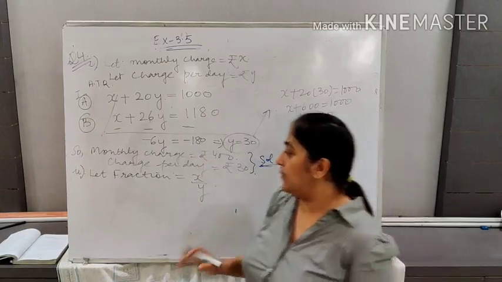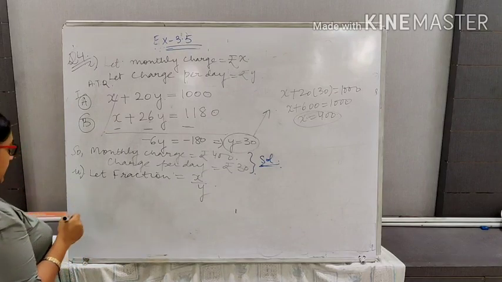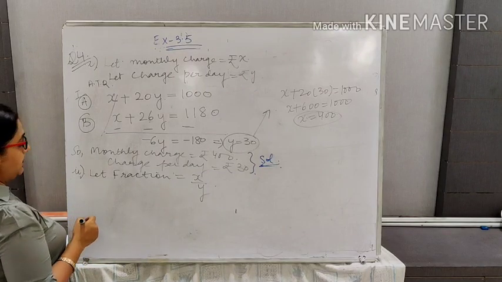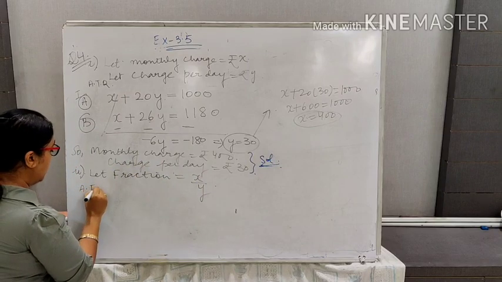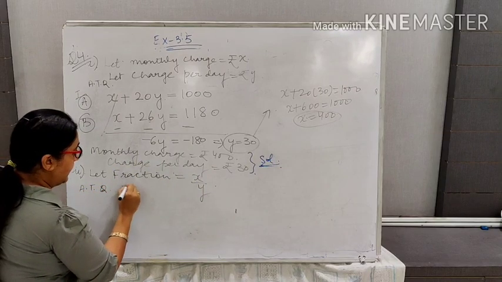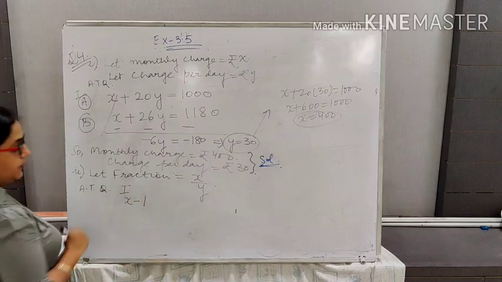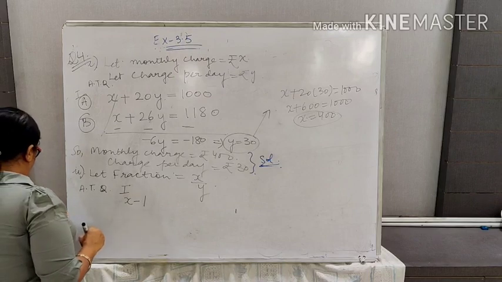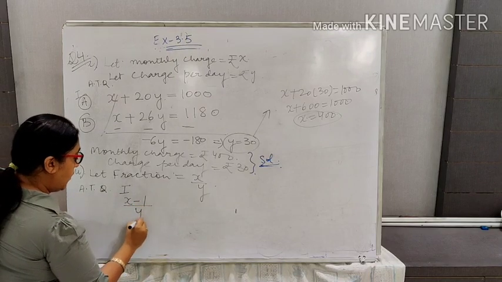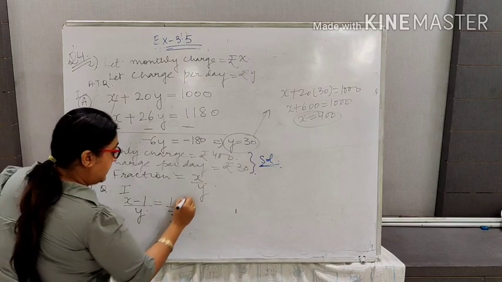Let fraction is equal to x upon y. Now fraction becomes 1/3 when 1 is subtracted from numerator. According to condition 1, 1 is subtracted from the numerator, it becomes x minus 1, and denominator remains the same and it becomes 1/3.